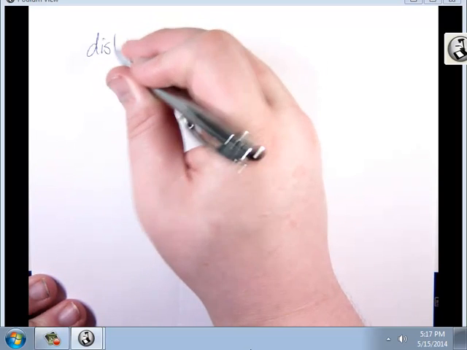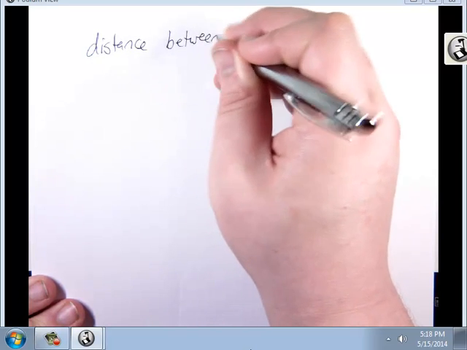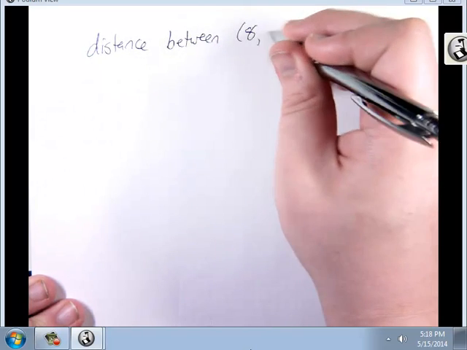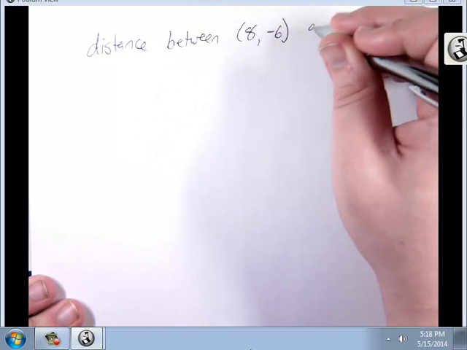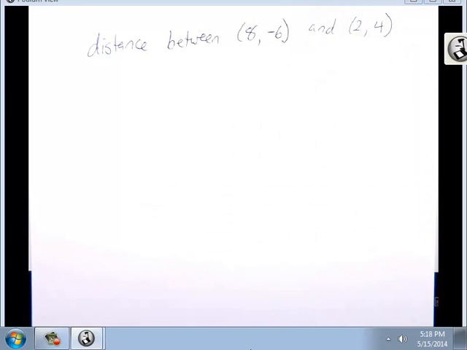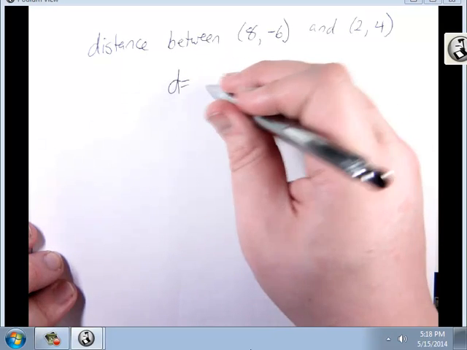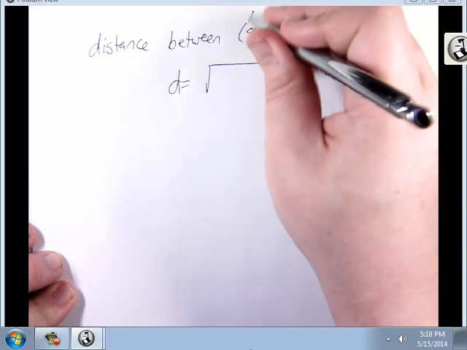Distance between (8, -6) and (2, 4). Well, here's the distance formula. Remember, this is x1, y1. This is x2, y2.